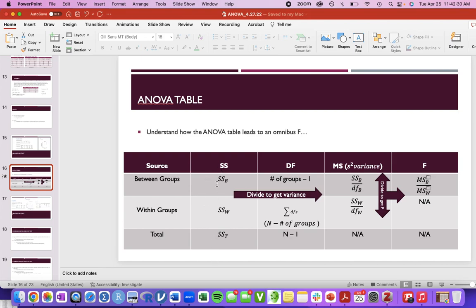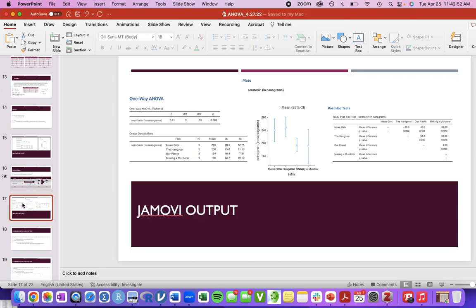So you have your sum of squares between, you have your sum of squares within, you have your degrees of freedom. In order to get your within variance, remember MS is the same thing as within. You just divide this number by that number. You've done all of this, but this is just so you can familiarize yourself with what an ANOVA table looks like.